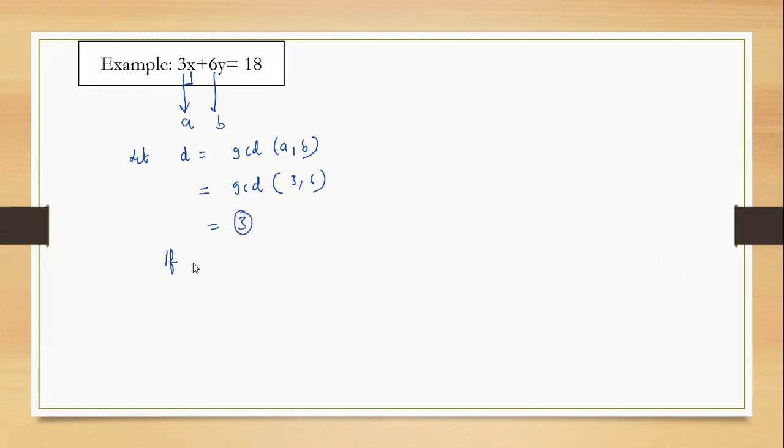So if d divides c, then it has solutions. Now here I can see that 3 is dividing 18. It means this equation has solutions. This is the criterion for determining whether the equation has a solution or not.